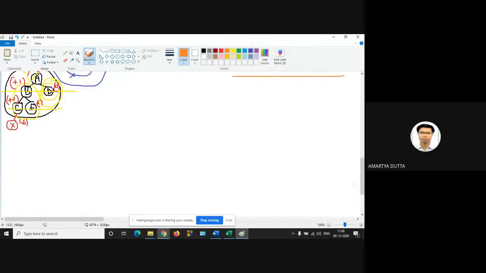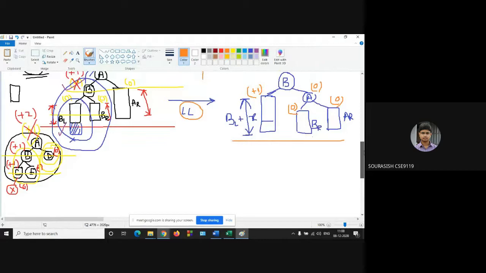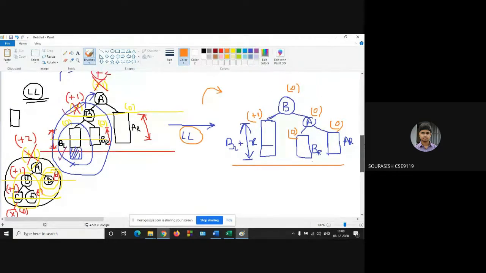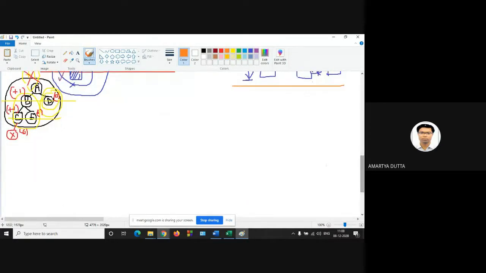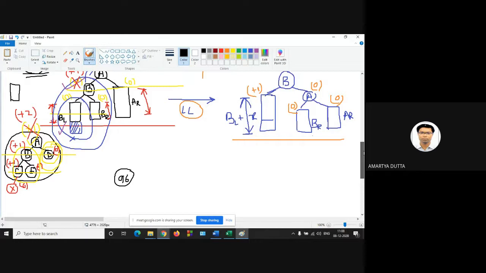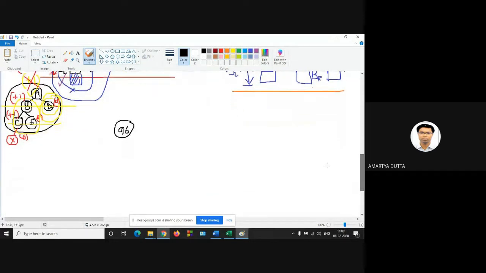Sir, why will BR get attached with A? BR is attached with A to maintain the binary search tree properties.